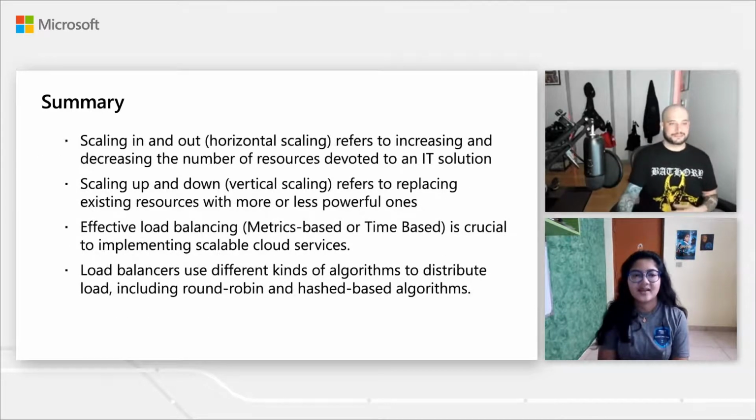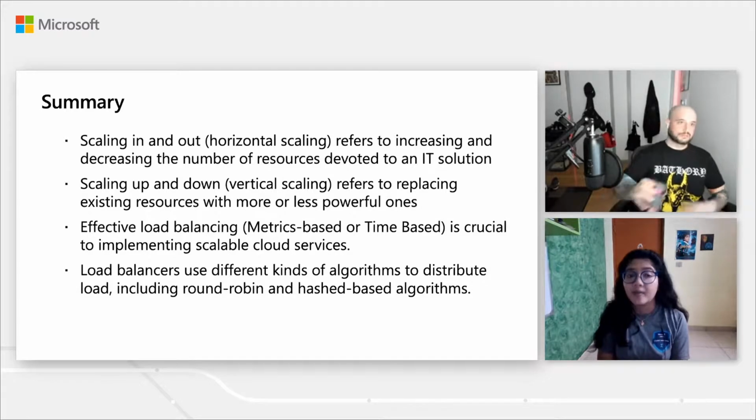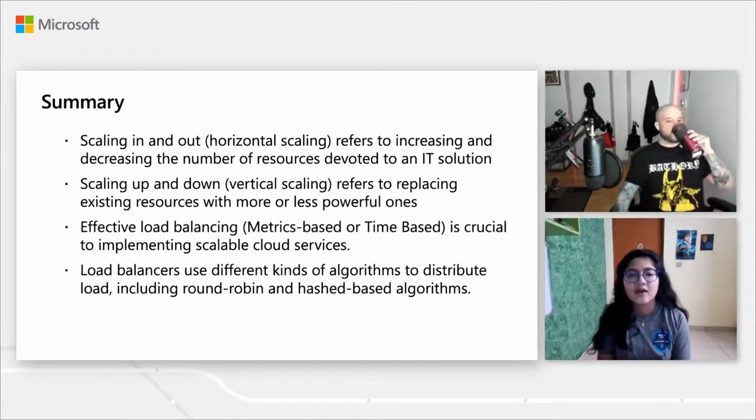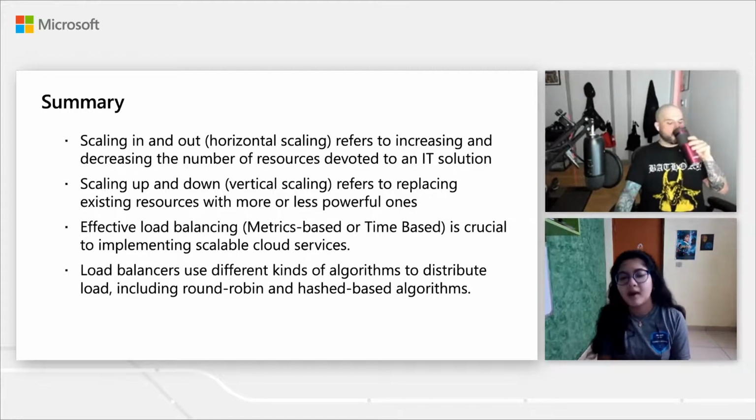So next we are going to talk about scaling, scaling in and scaling out. That is actually horizontal scaling. It refers to increasing and decreasing the number of resources devoted to an IT solution. Scaling up and down, vertical scaling, refers to replacing existing resources with more or less powerful ones.